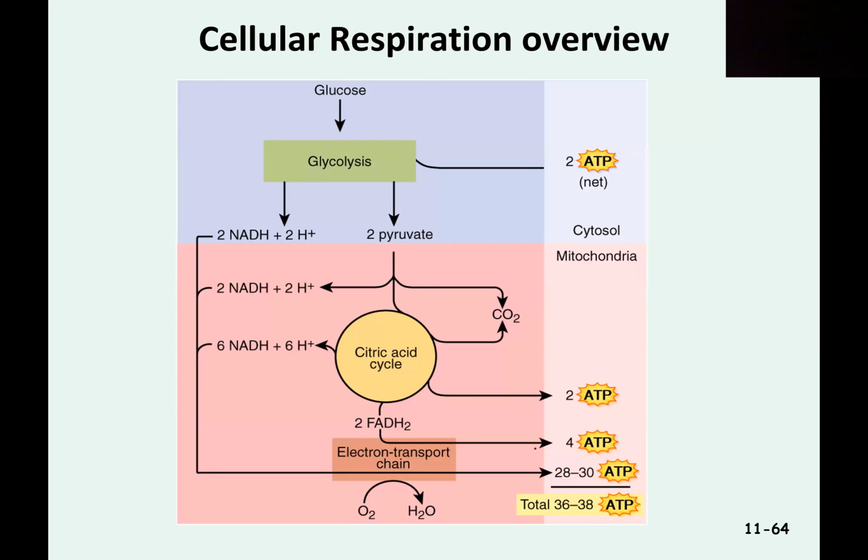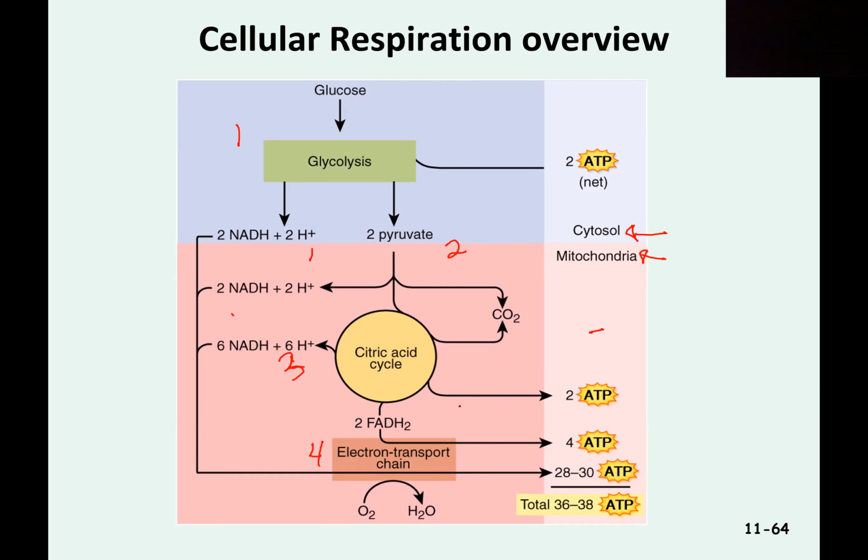Here's an overview, and it compares where it takes place in the cytoplasm or cytosol and the mitochondria. It breaks it down into different steps: glycolysis, the transition reaction, citric acid or Krebs cycle, and the electron transport chain.